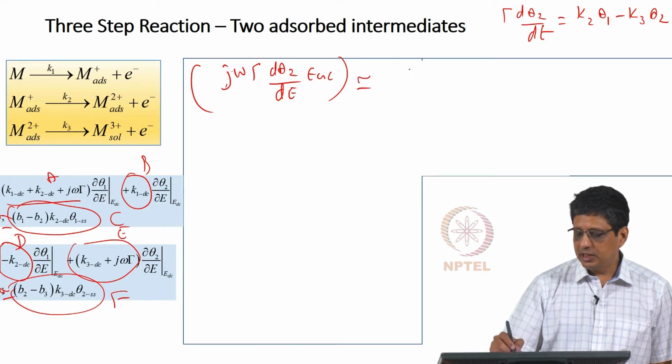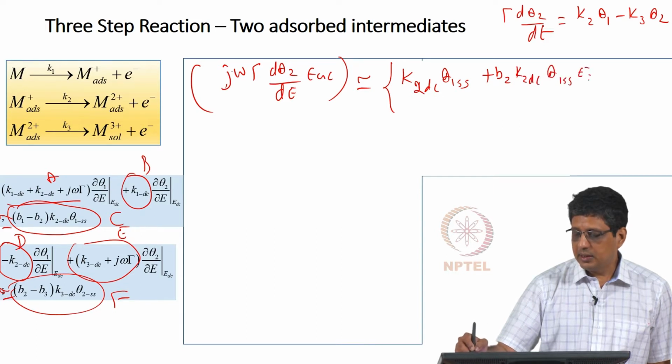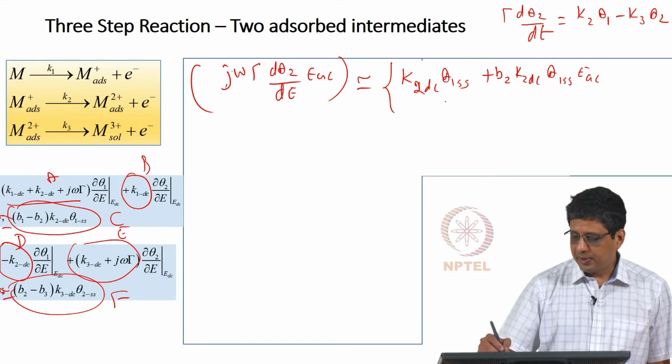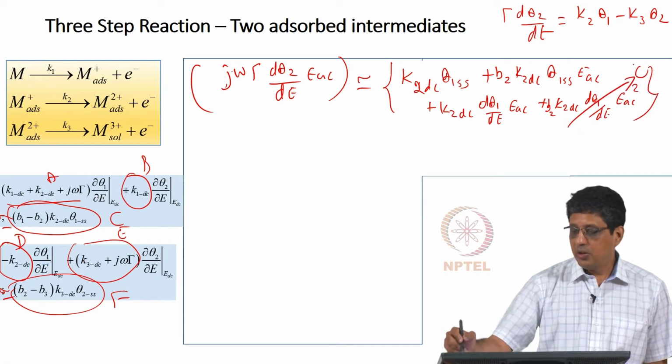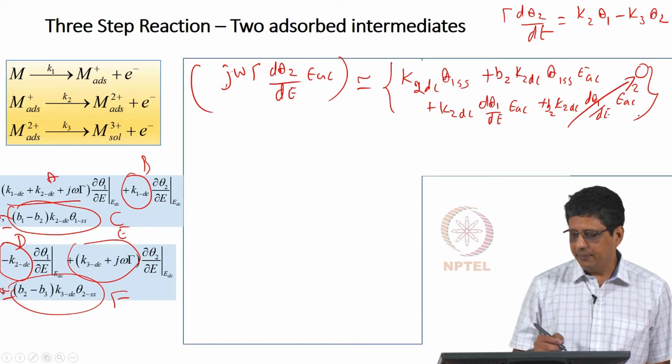Right hand side, first term is going to give you k2 dC theta 1 SS plus B2 k2 dC theta 1 SS EAC plus k2 dC d theta 1 by dE EAC. So, it is going to give us 4 terms, out of which we will retain 3.